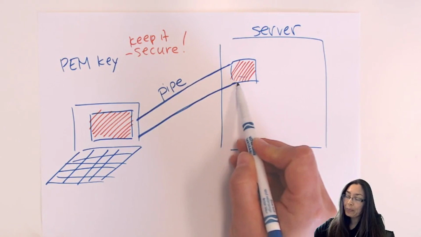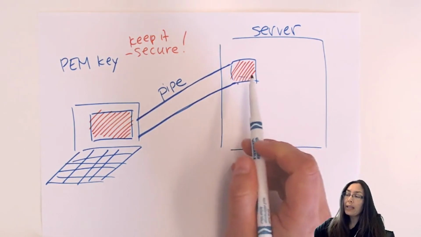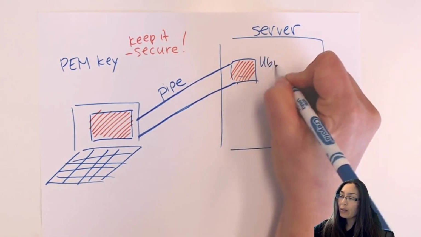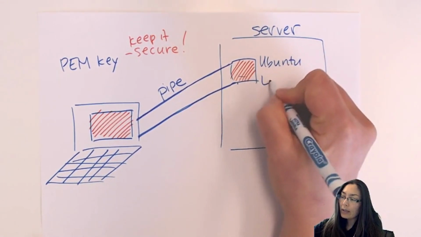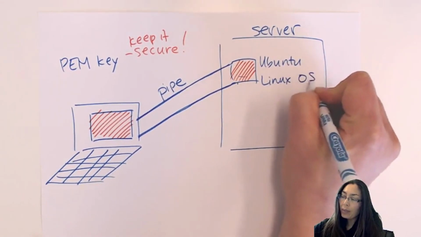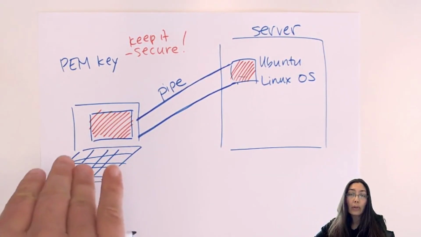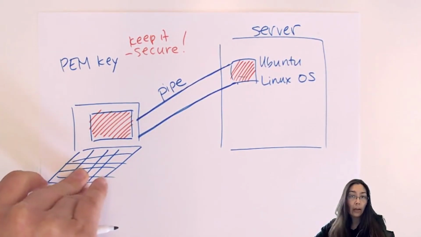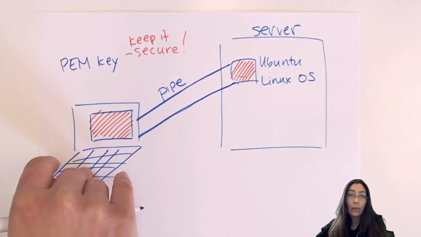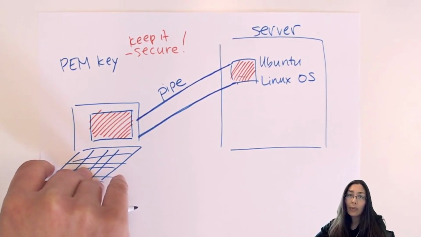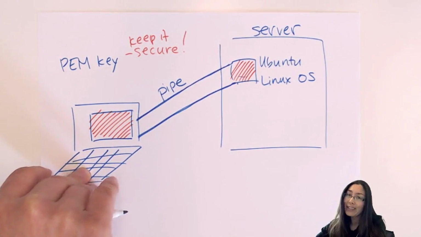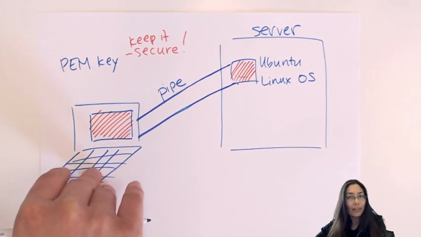Okay, so anyway, now we have this pipe so that we can see what's going on in this computer here. Okay, great. Now, what do we have? We have an Ubuntu server, which means that we have a Linux operating system, but there's really nothing else. It's pretty naked. So just think back to the kinds of things that we had to do in order to make your laptop a development environment, someplace where you could write your Python projects. We had to do a lot of setup. You may not remember, but if you look back, I'm sure it'll come back to you.